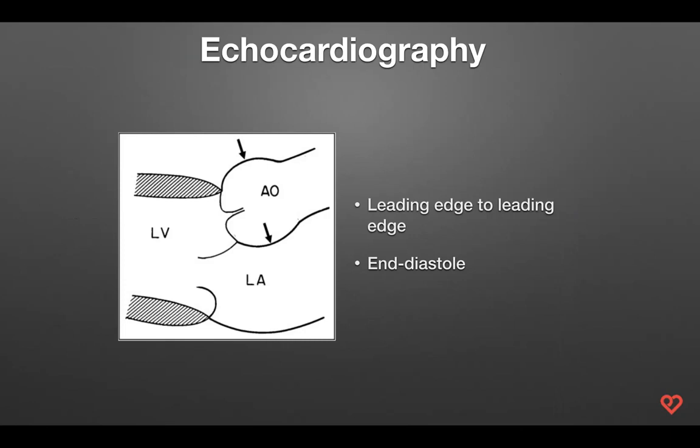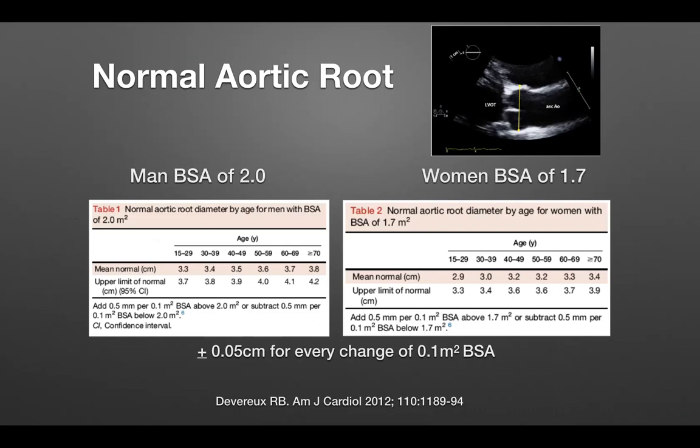Remember, with echocardiography, we're measuring leading edge to leading edge and end diastole. What's a normal aortic root? We have it based on body surface area, 2.0 for a man and 1.7 for a woman. You will notice as the decades increase, your aorta size increases, and that's within normal.